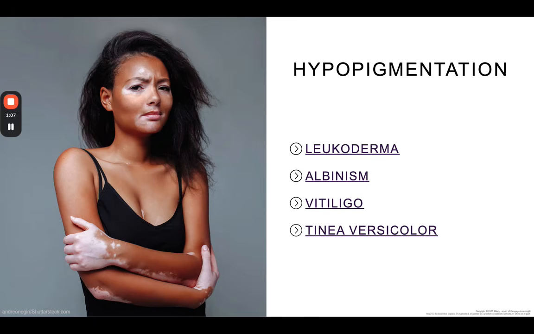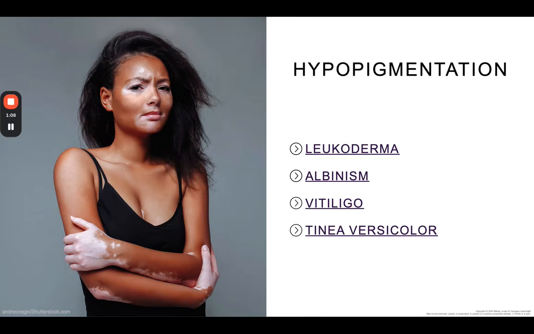Then we have vitiligo, which is a pigmentation disease characterized by white, irregular patches of skin that are totally lacking pigment. This condition can worsen with time and sunlight, and the disease can occur at any age and is believed to be an autoimmune disorder causing the absence of melanocytes.